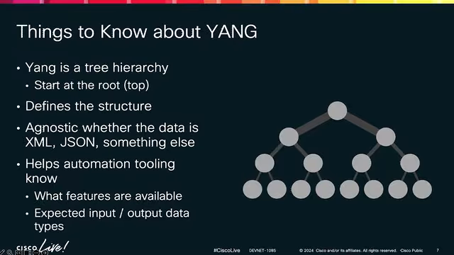So, some things to know about YANG. YANG is in a tree hierarchy, and you can see that visualized there on the right. If you haven't done any computer science stuff, that's totally fine, but you can figure out that the data starts somewhere at the root, kind of like a Linux file system, and then you have submodules, basically information that flows up to your root point.